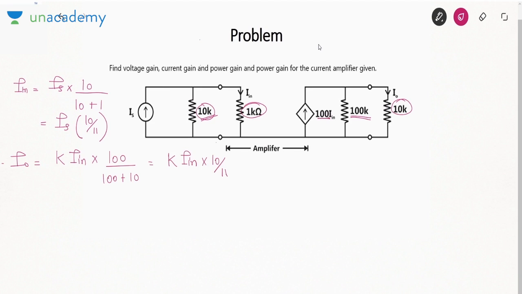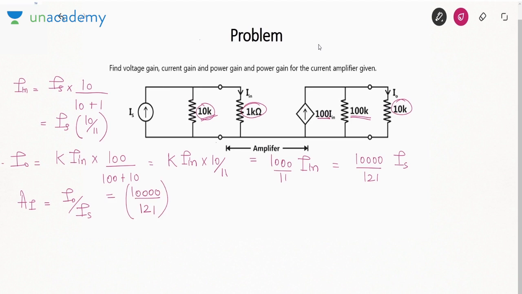This K is given as 100, so 1000 by 11 Iin. You can substitute the value of Iin. It will be Is into 10 by 11. So 10,000 by 121 Is. So the current gain, which is I0 over Is, is simply 10,000 by 121.